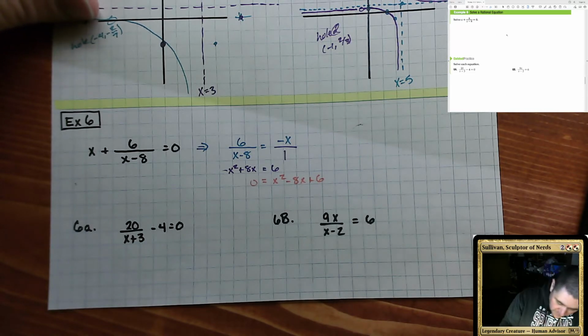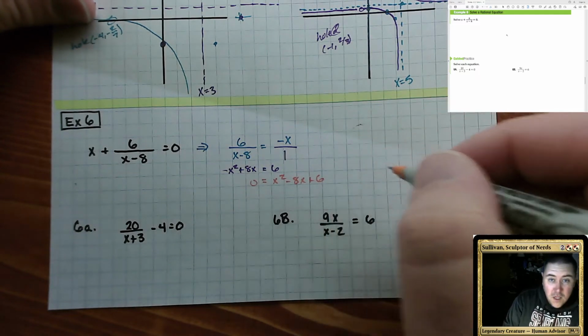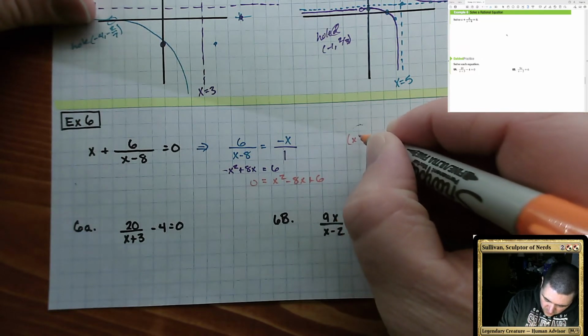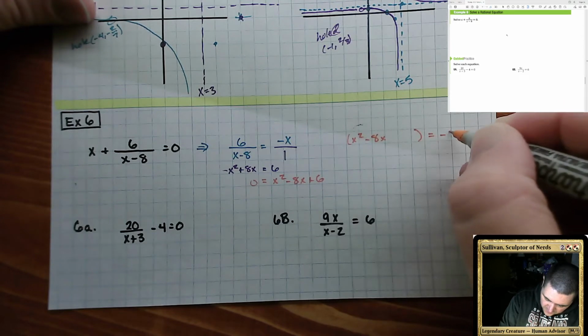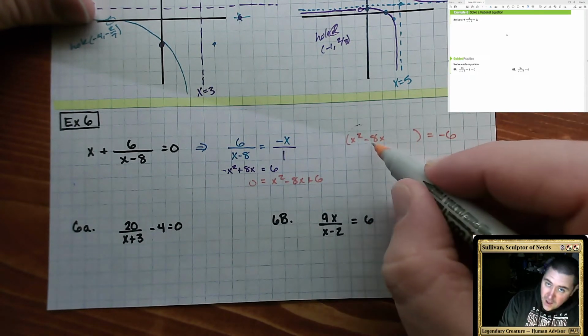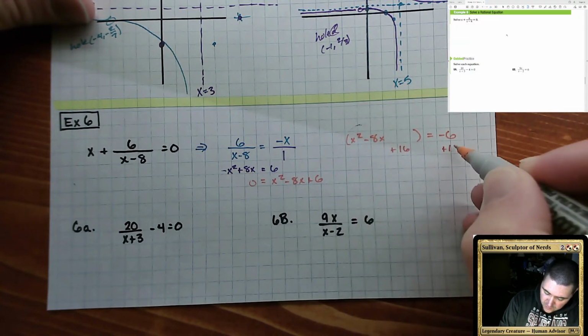Yeah, okay. Since it's not factorable, I'm going to go to complete the square, and I'm going to keep forcing complete the square on you. Turning that into x squared minus 8x equals -6. So I'll move the 6 back over. Half of negative 8 is negative 4. Negative 4 squared is 16. Add 16 to both sides.